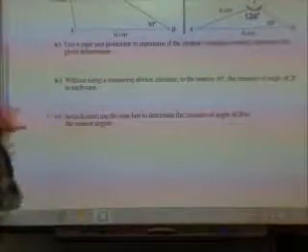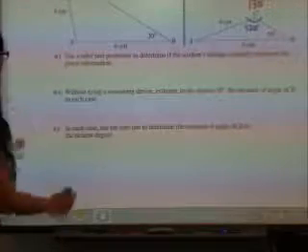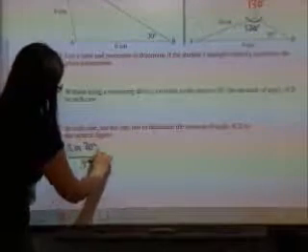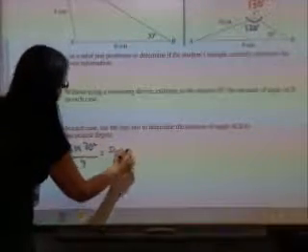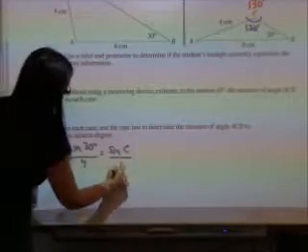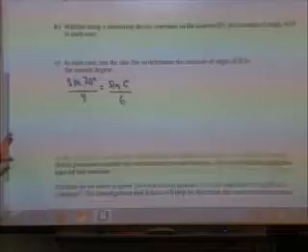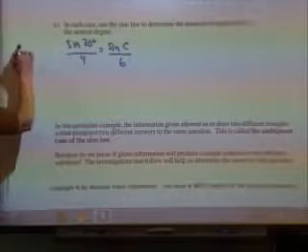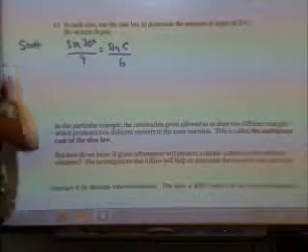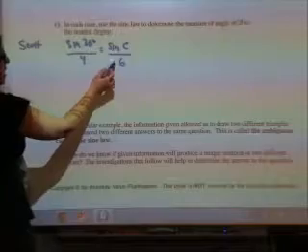So if we were to use the sine law to calculate these, the sine law would say sine 30 degrees is to 4 as sine C is to 6. That's how I would have this set up for Scott. I multiply both sides by 6.